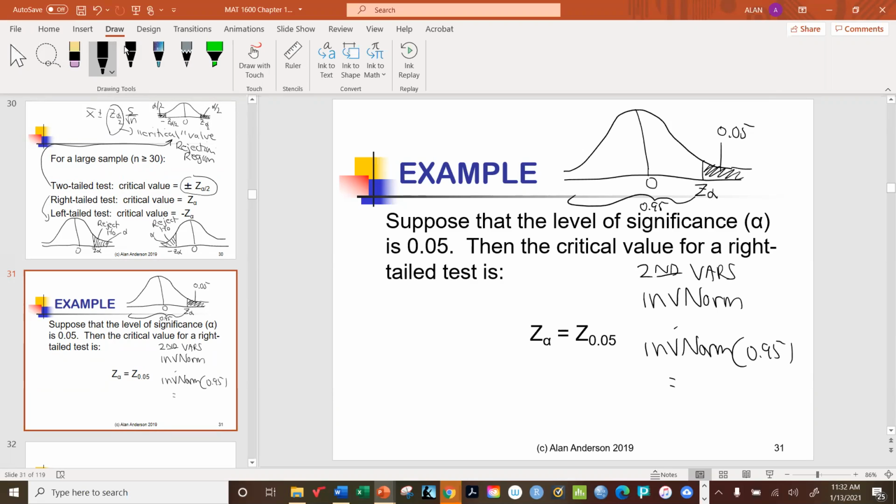And when you do that, you'll discover a familiar number, 1.645. So this critical value, as it's called, is 1.645.